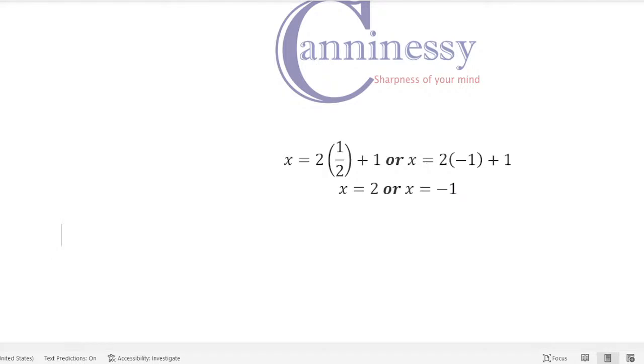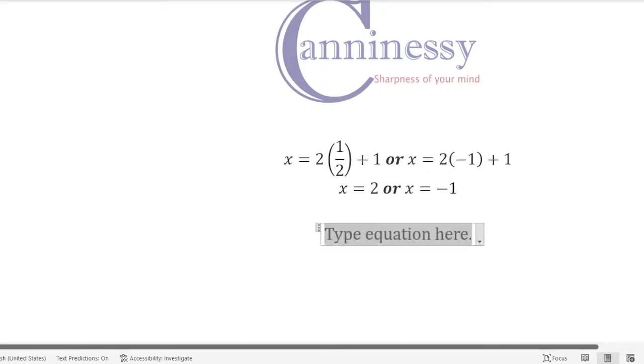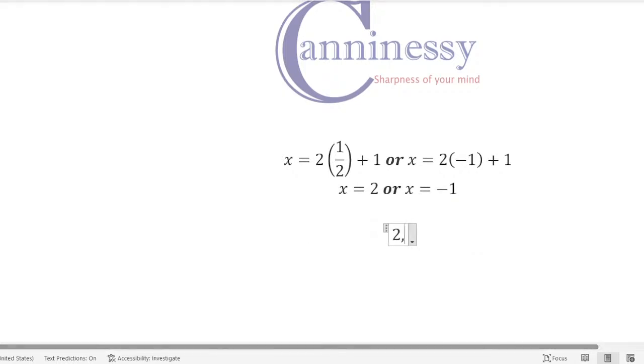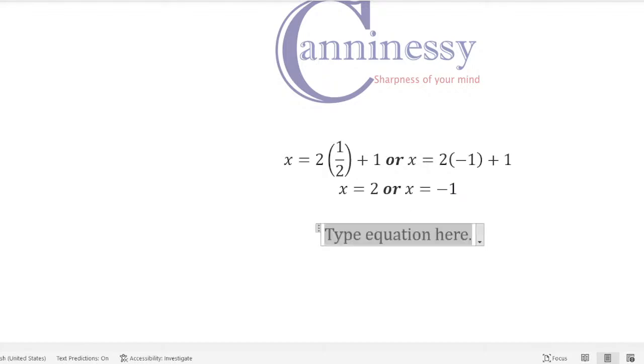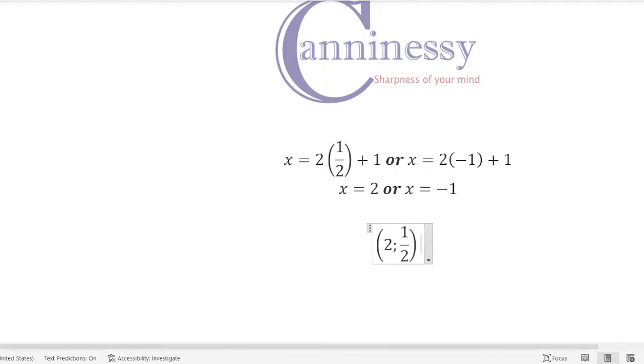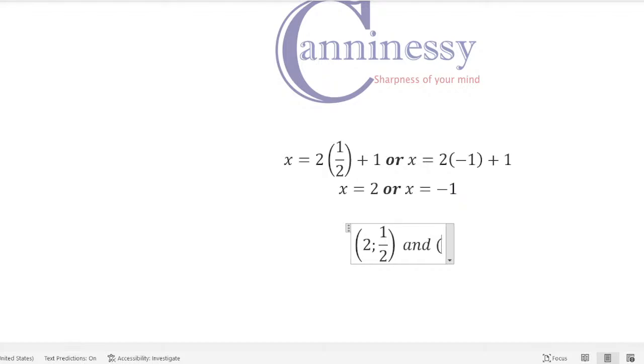So if we put it in coordinate form, x is 2, so 2 is to half, and negative 1 is to negative 1.